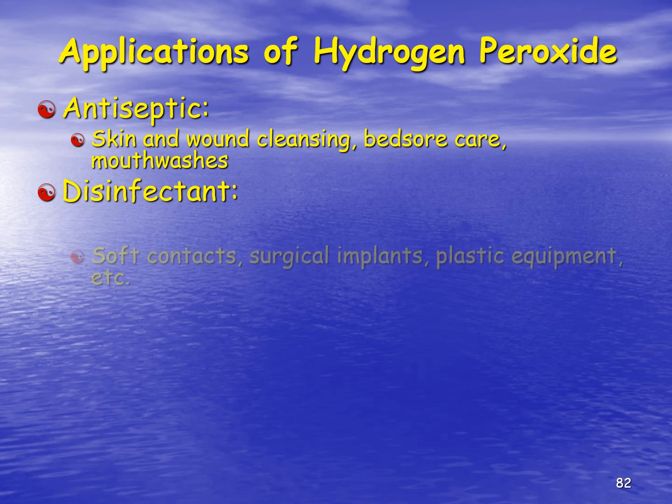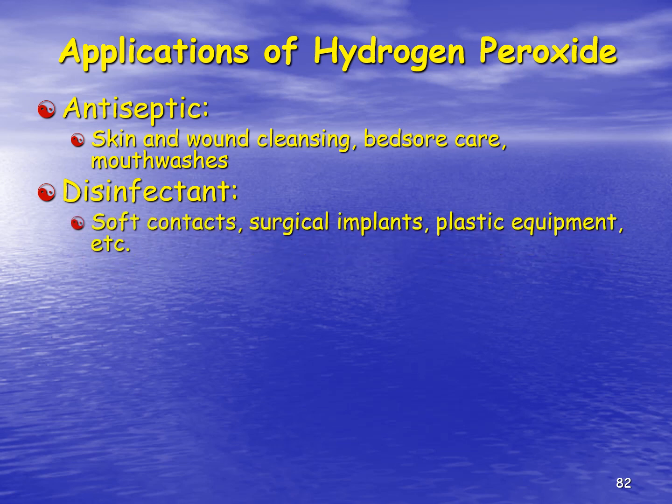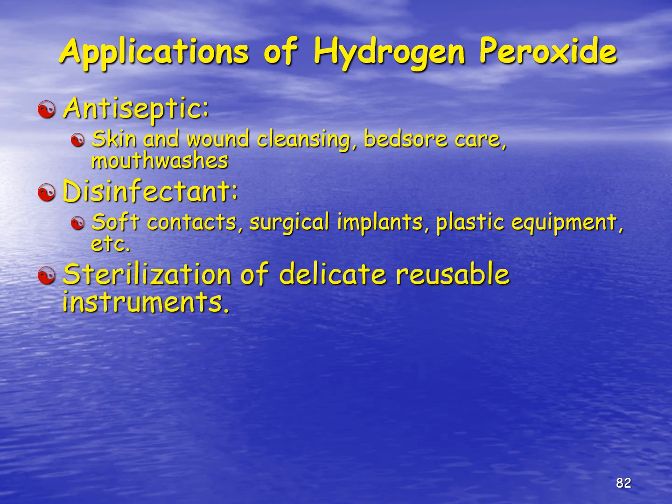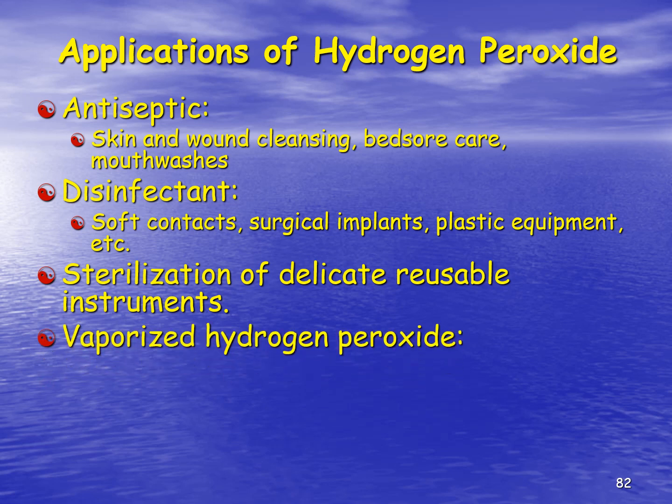It can be used as a disinfectant, and oftentimes in your contact solutions, especially soft contacts, we'll see a little hydrogen peroxide, or for surgical implants or plastic equipment, etc., that cannot withstand the high heat of sterilization. And it can even be used for sterilization in high amounts for delicate reusable items. But it has some drawbacks.